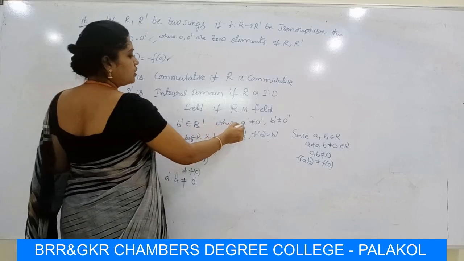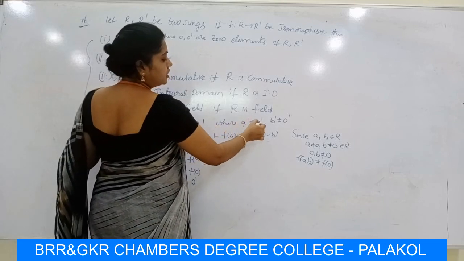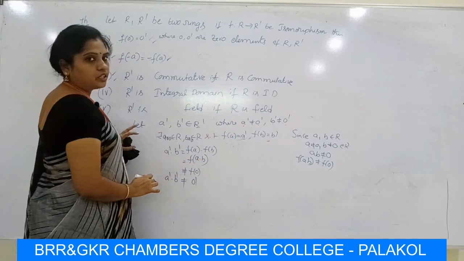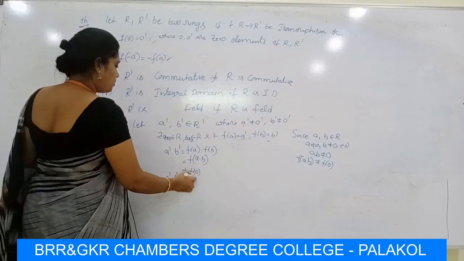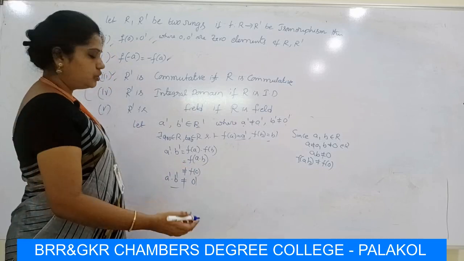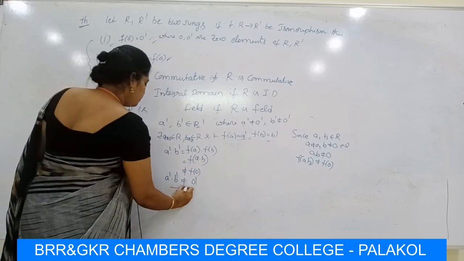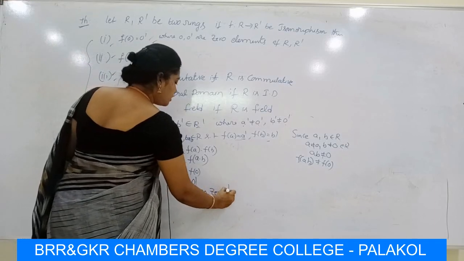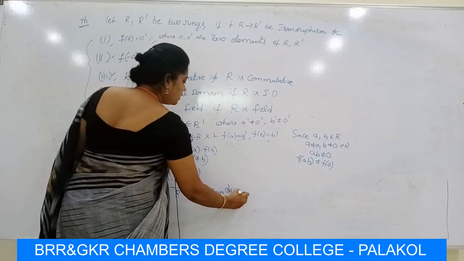So we take non-zero elements, a' is not equal to 0' and b' is not equal to 0'. Their product is also not equal to 0', therefore R' has no zero divisors.